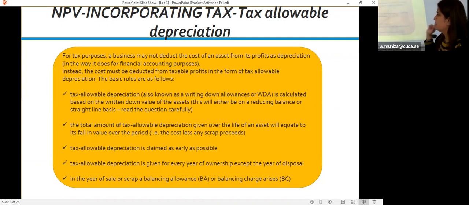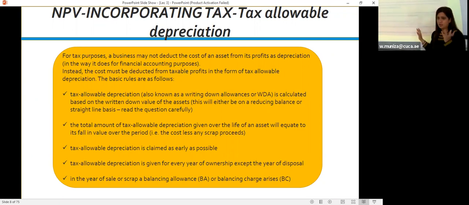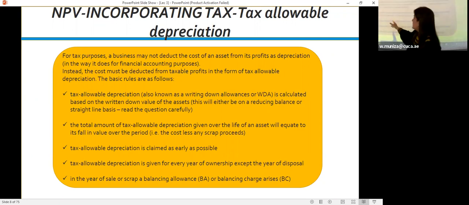That is the cost less any scrap proceeds. You can counter check whether your calculations are correct: if your total tax allowable depreciation is not equal to the cost less scrap values, it means you have done something wrong.